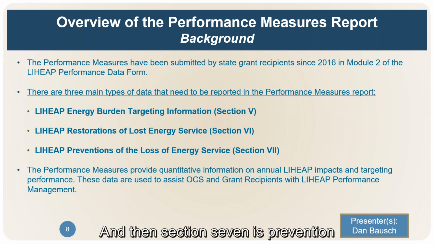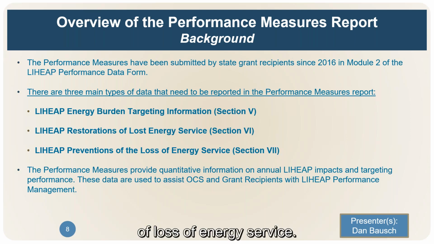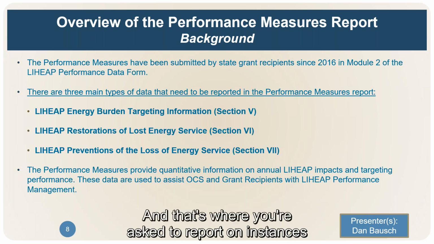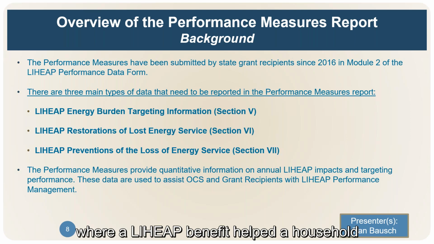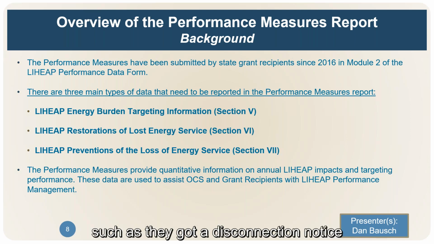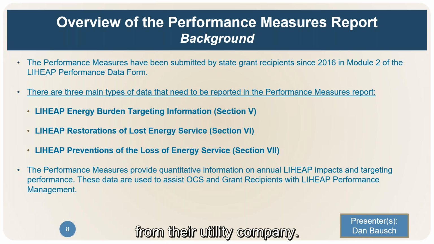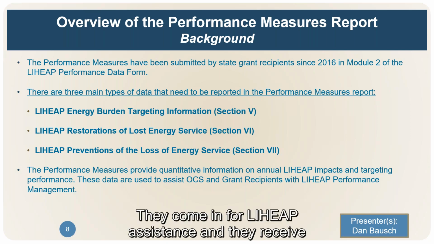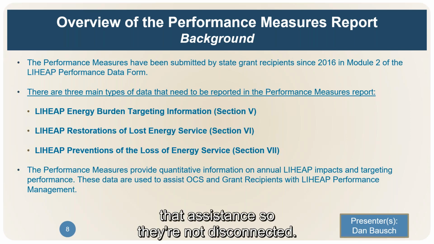And then section 7 is prevention of loss of energy service, and that's where you're asked to report on instances where a LIHEAP benefit helped a household that was at imminent risk of losing their energy service, such as they got a disconnection notice from their utility company, they come in for LIHEAP assistance, and they receive that assistance so they're not disconnected.